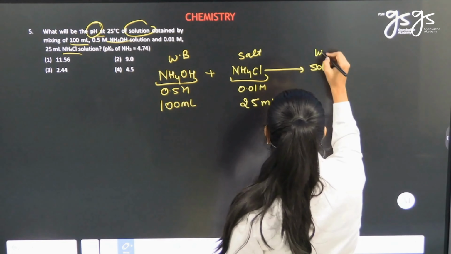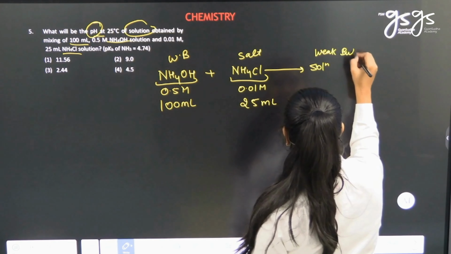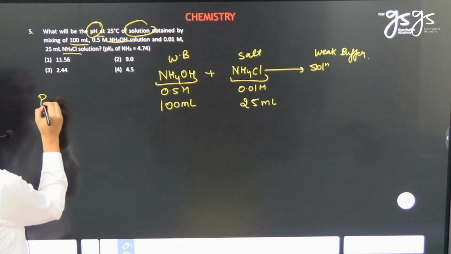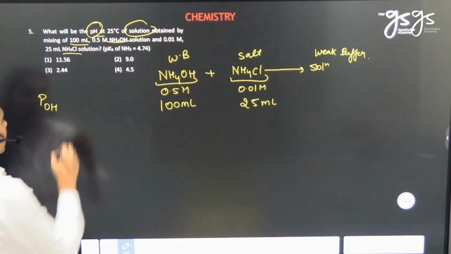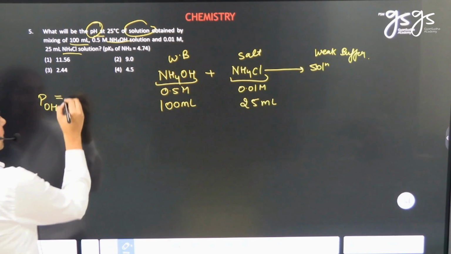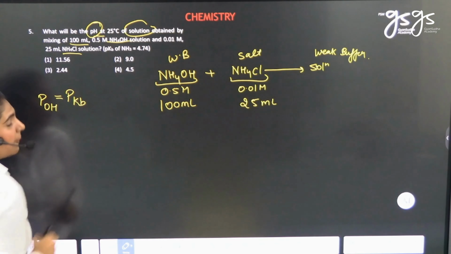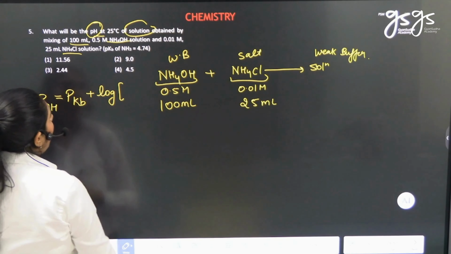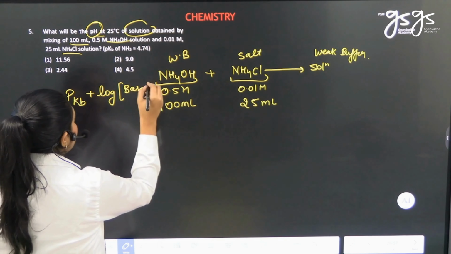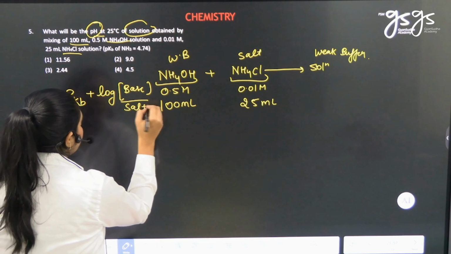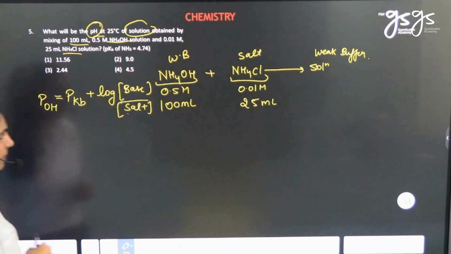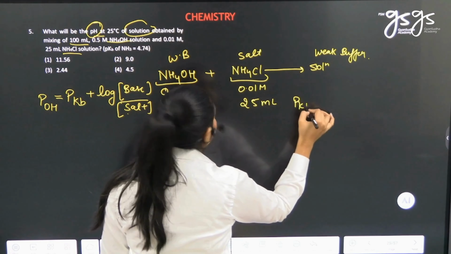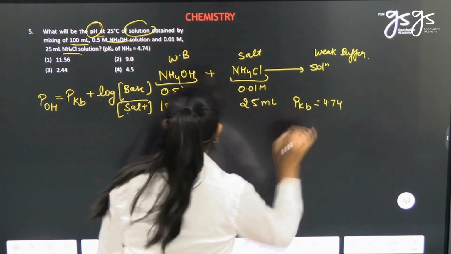For this buffer solution, the formula we use to calculate pOH is pOH equals pKb plus log of salt concentration upon base concentration. Here, the pKb value is also given in the question, and it is 4.74.